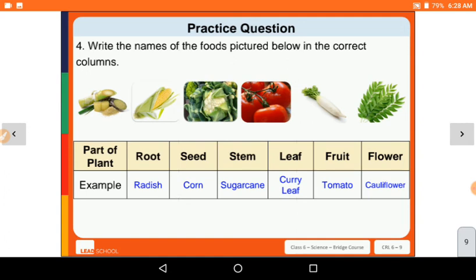Tomato is fruit. Then there is radish, which is the part of a root, and curry leaves, which is the part of a leaf. So from this image you have classified all this information as the parts of the plant and edible parts of the plant.